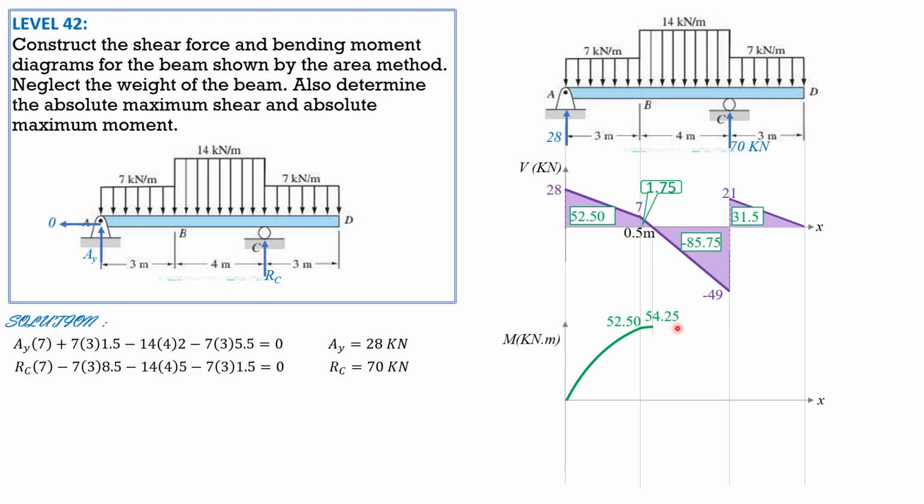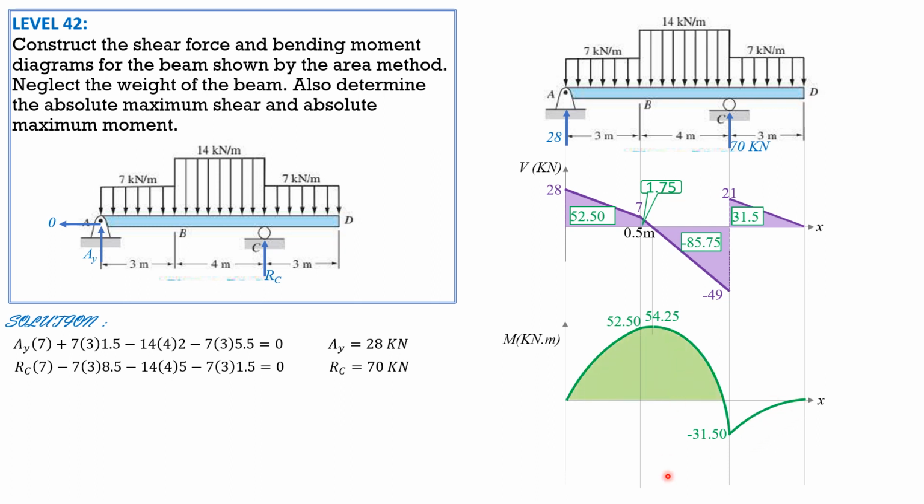Then from horizontal slope, 0 shear to negative 49, concave down. 54.25 plus negative 85.75 is negative 31.5. Then from 21, the slope positive to 0, concave down.